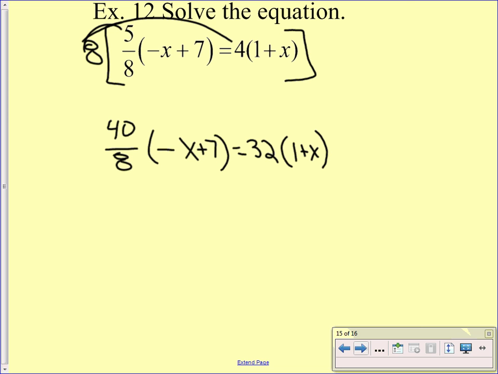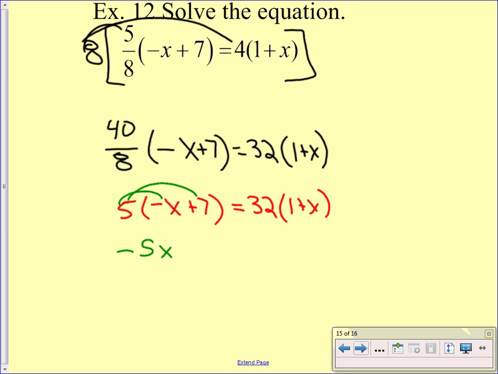Reduce your fractions. 40 over 8 is 5. Negative x plus 7, leave it alone. 32, 1 plus x, leave it alone. Now that you've eliminated your fraction, you've cleared it, is when you distribute into the parentheses. Distribute the 5.